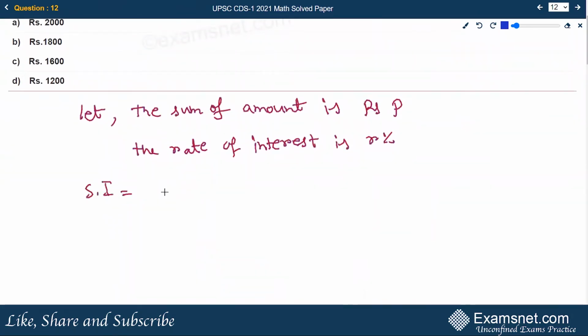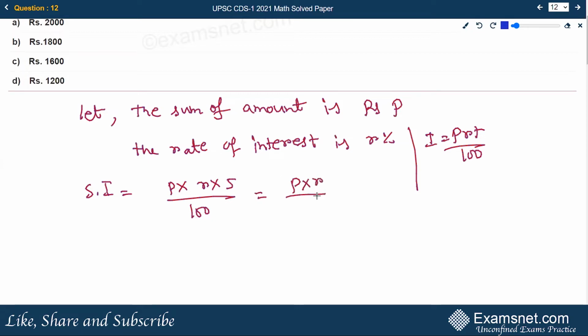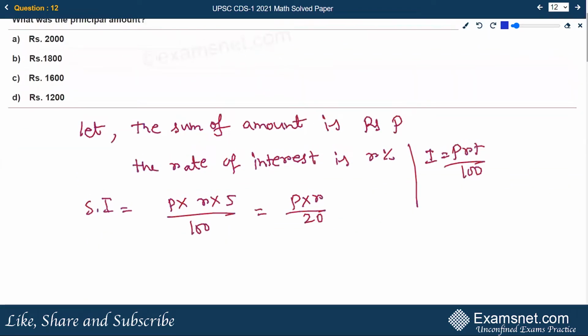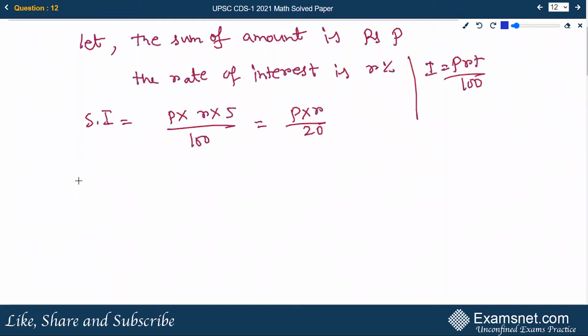So simple interest is P multiplied by R multiplied by 5, because the formula is PRT by 100. R rate of interest, P principal, T for time. Here time is 5 years. So we will get PR by 20. Now, according to the question, if the interest rate was 5% more than the current rate, it will be P multiplied by R plus 5 for 5 years.